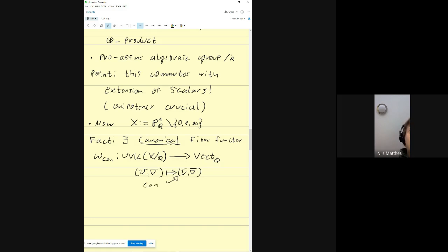That's called the canonical extension. And what you do now is you take this extended vector bundle and you take its global sections.